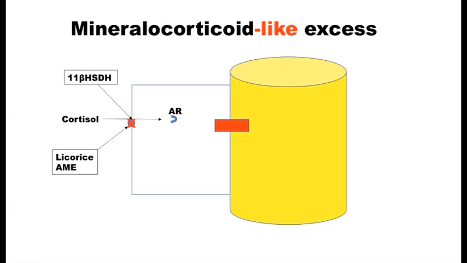And this patient was already 66 years old. So she was not using steroids. She didn't have clinical features of Cushing's syndrome, and she denied any use of licorice.